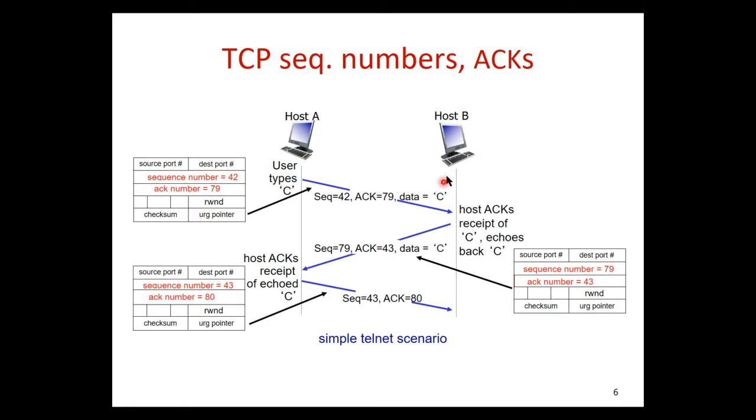C. Now B is supposed to echo back the character C. So it will send C as the data. Now, because it has received byte 42 in this packet, it's going to ACK 43, right? Acknowledgement number is 43.